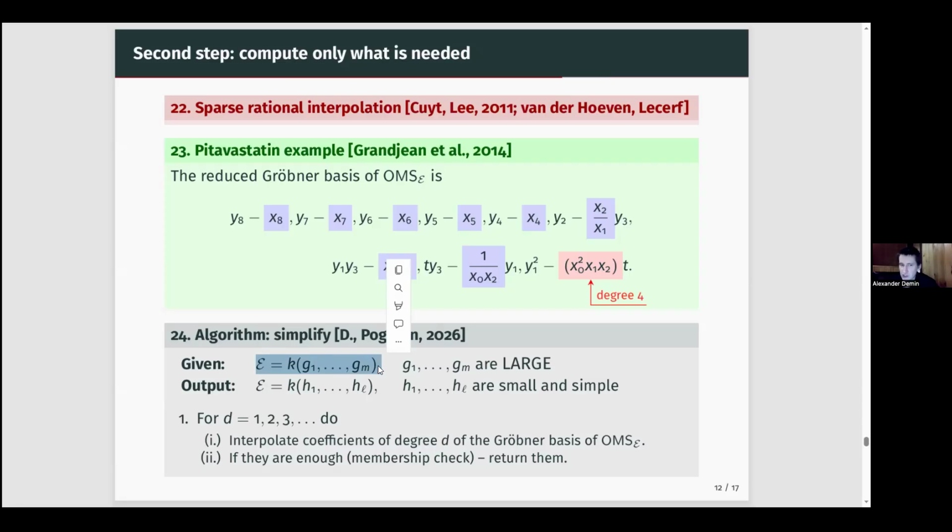We can always check using membership if the original field is the same as the one generated by coefficients interpolated so far. And if so, we halt. So we have a well-defined stopping criteria.